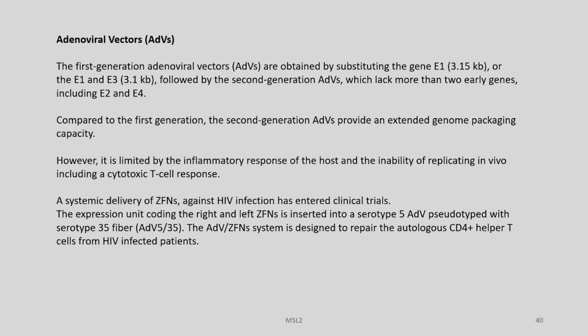So, one of the earliest viral vectors used was the adenoviral vectors, or the first generation adenoviral vectors, which are obtained by substituting the gene E1 or E1 and E3, followed by the second generation ADVs, which lack more than 2 early genes including E2 and E4. Compared to the first generation, the second generation ADVs provide an extended genome packaging capacity. However, it is limited by the inflammatory response of the host and the inability of replicating in vivo, including its cytotoxic T cell response.